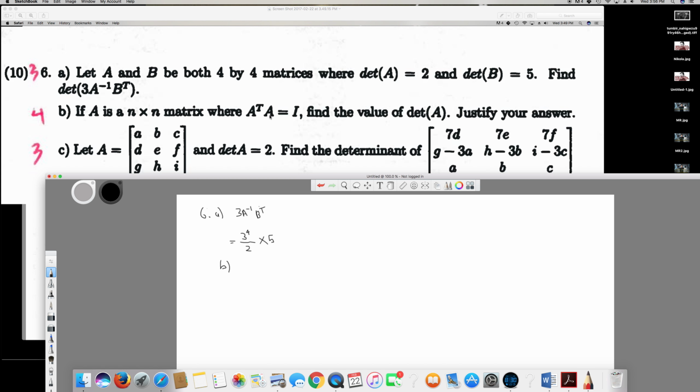Since A transpose times A is equal to identity, I can say determinant A transpose times determinant A is equal to determinant identity. Now, what is the determinant of identity? It's just 1, because identity means 1 0 0, 0 1 0, 0 0 1. If you multiply the diagonal, it's going to be 1, right?